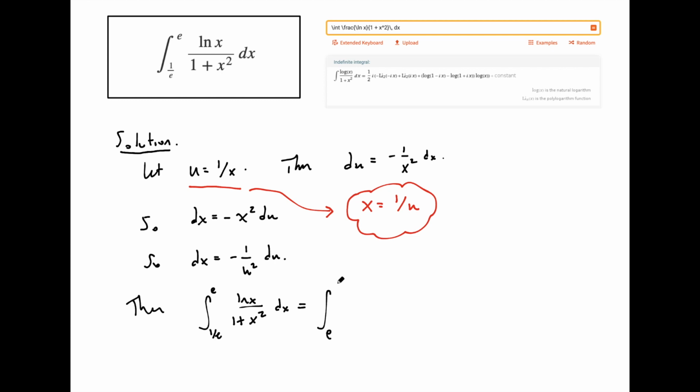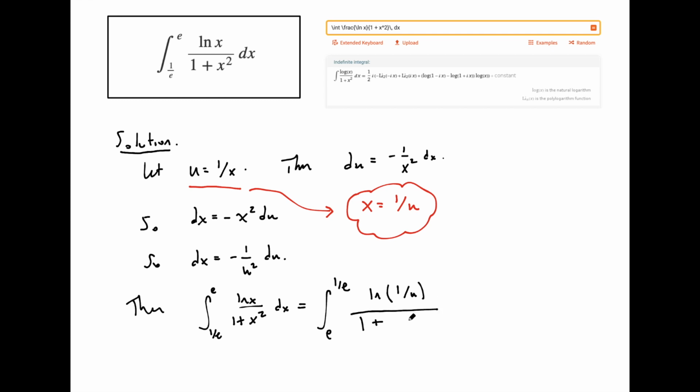Likewise, when x is e, u is 1 over e. Like I mentioned, the bounds kind of change order, and to me this is the motivation behind this substitution. Likewise, log of x up here we figured out is 1 over u, so this is log of 1 over u.